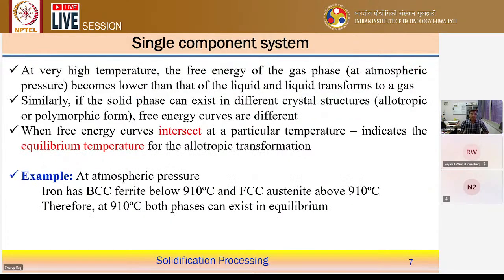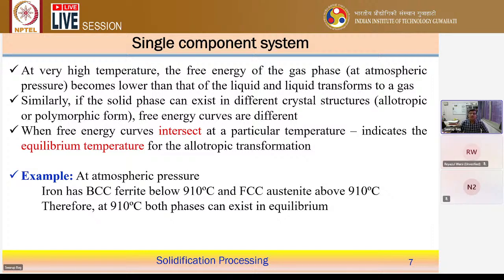Now, if we look into another aspect of the single component system, at very high temperature the free energy of the gas phase, even at atmospheric pressure, becomes lower. The free energy of the gas phase becomes lower because at high temperature the gas phase reaches equilibrium when it has the lowest value of free energy, and it is lower than that of the liquid.